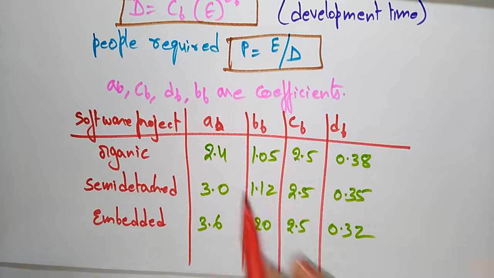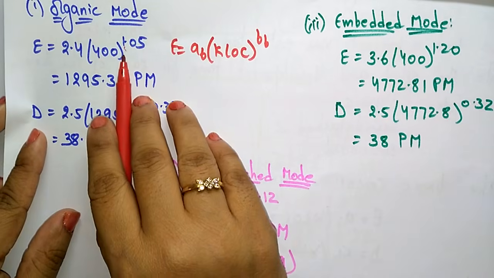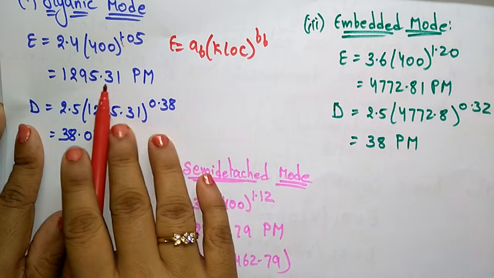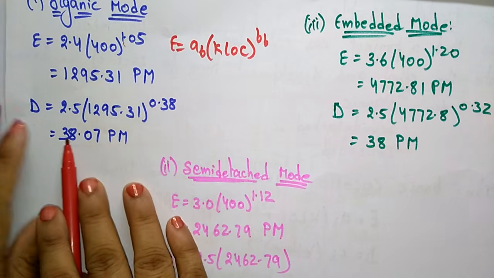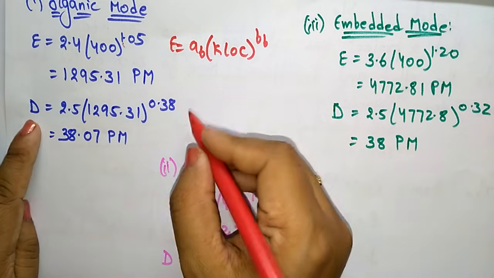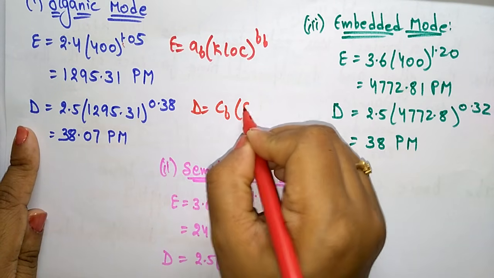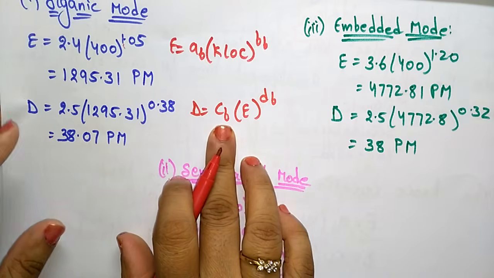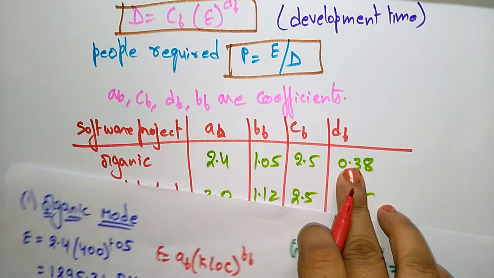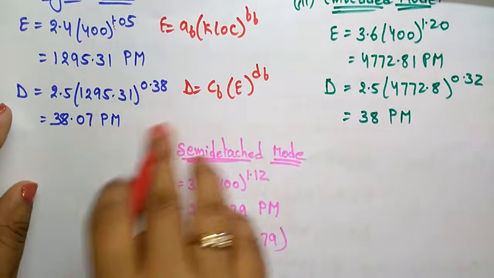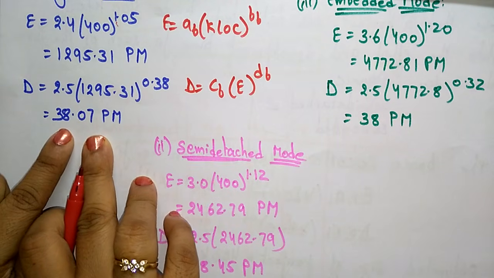And the value of bb in the organic case is 1.05. So substitute 1.05, then you will get the effort in person-months. In the same way, the development time formula is D = cb (E)^db. What is the value of cb in organic? 2.5. Substitute 2.5. And db is 0.38 in organic. Substitute 0.38 and you will get the development time.